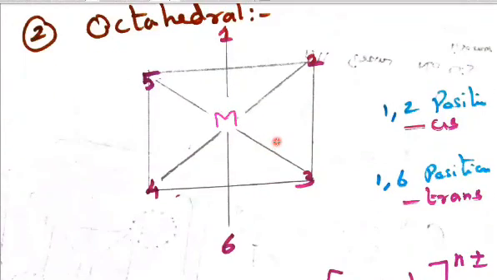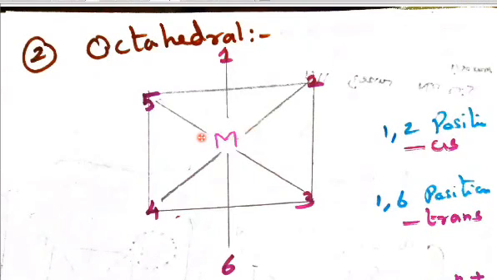In an octahedral complex, the metal is taken at the center with four corners and top and bottom. How the numbering is done is very important. First the top is number 1, next 2, 3, 4, 5, and then the bottom is 6.